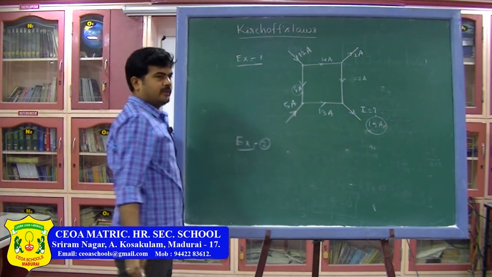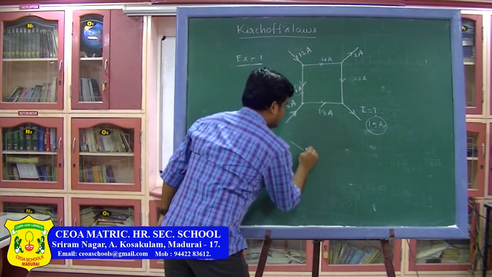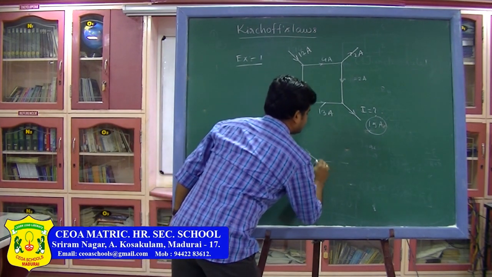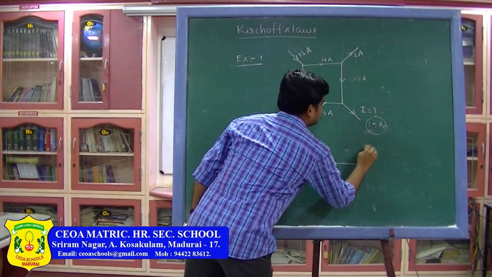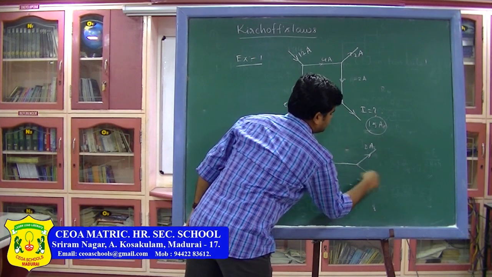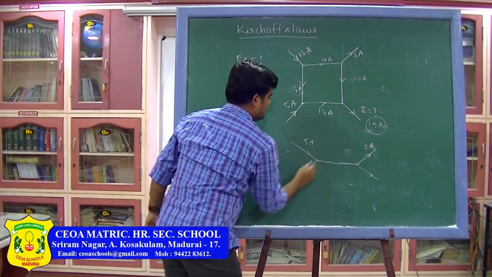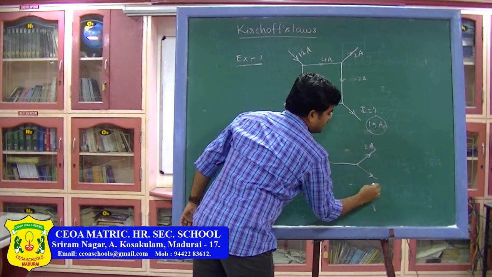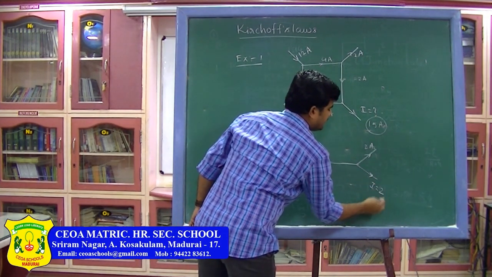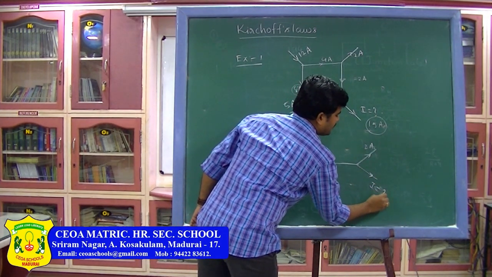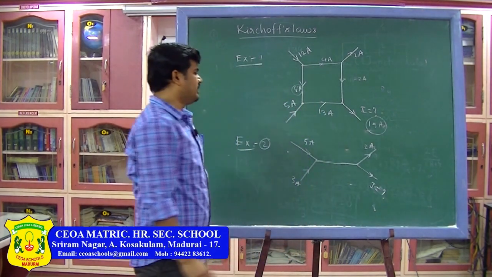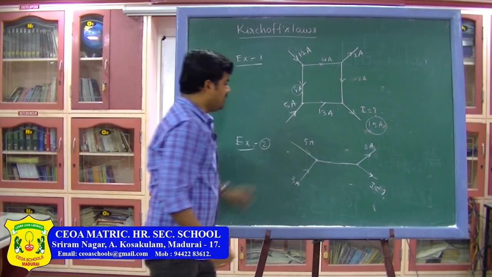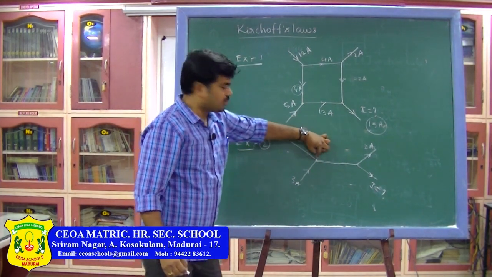Example 2. The current network is given like this. Here 5 amperes, here 3 amperes, and this current I value we have to find. So, this is the given network. First let us start with this junction, 5 amperes and 3 amperes approaching this junction.